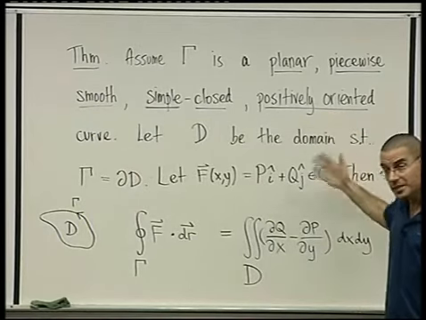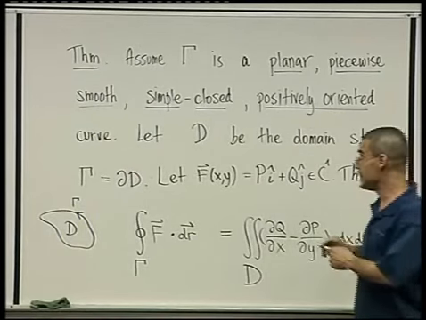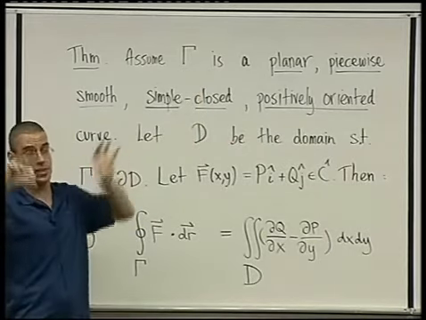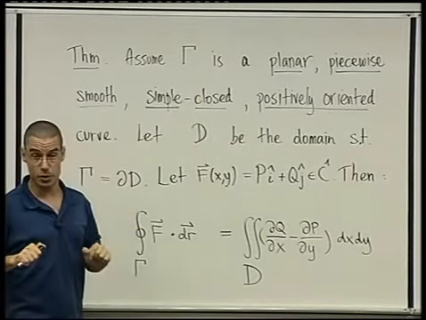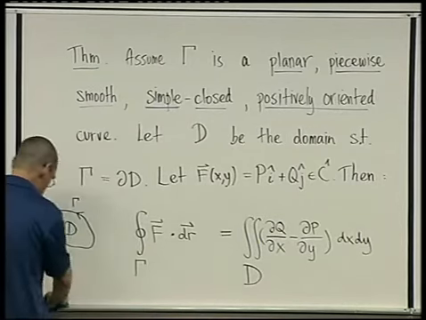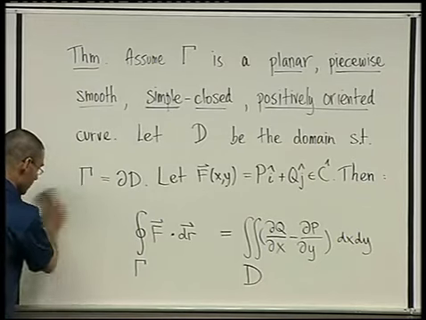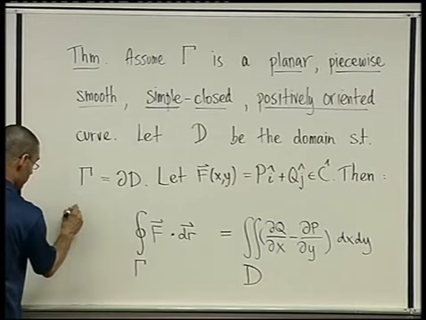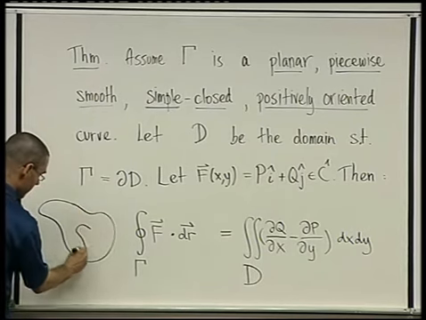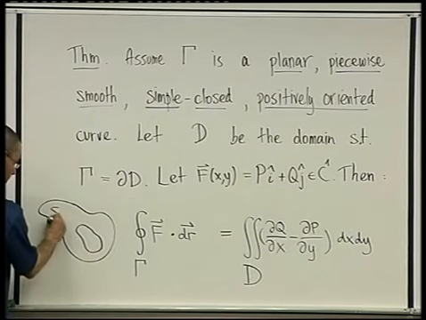The reason is that gamma is allowed to be comprised of a union of several simple closed curves. Okay, we'll remark that in a second. In which case, we can have a picture not like this, but something more complicated, slightly like, let's say, this.